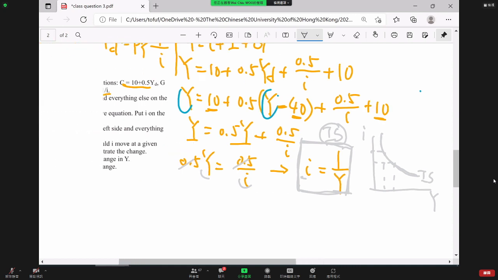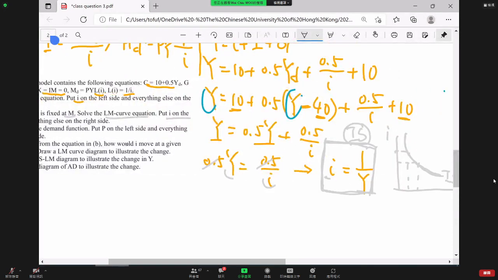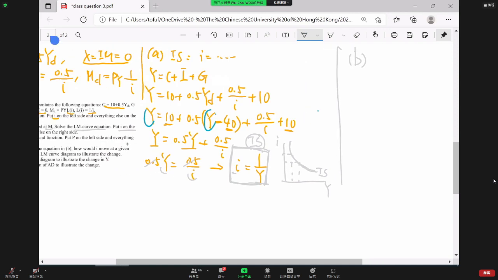B, money supply is M, solve the LM equation, put I on the left and everything else on the right side. Okay, so then let's see. We can do it here. The money demand function is this.